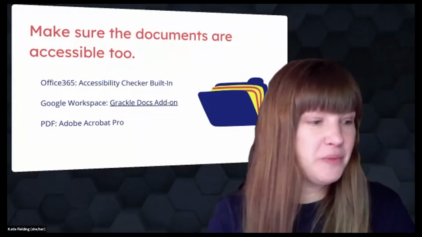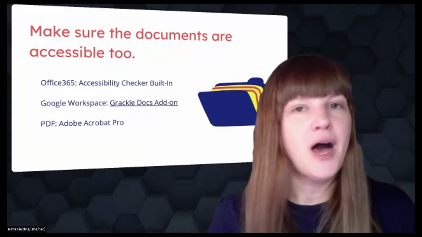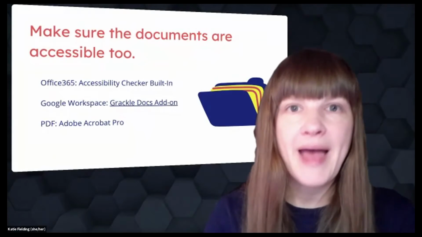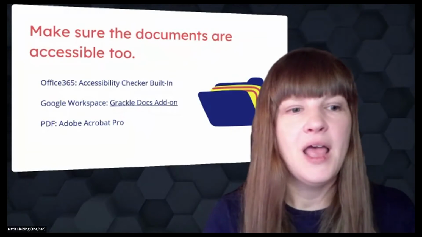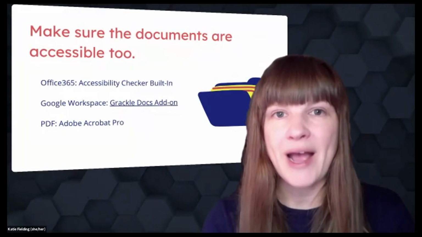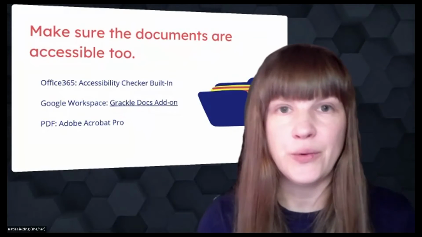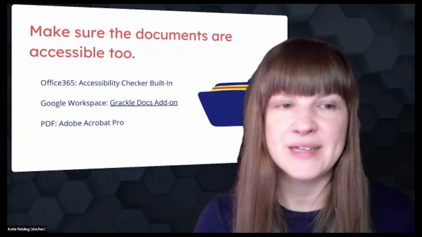As I mentioned before, you also want to make sure that your documents are accessible. Office 365 tools all have an accessibility checker under the review menu. Google Workspace doesn't have one built in, but there is an add-on called Grackle Docs, which will tell you all the steps you need to do to fix your accessibility for that document.